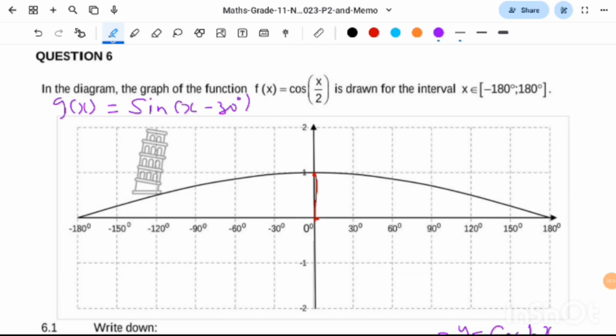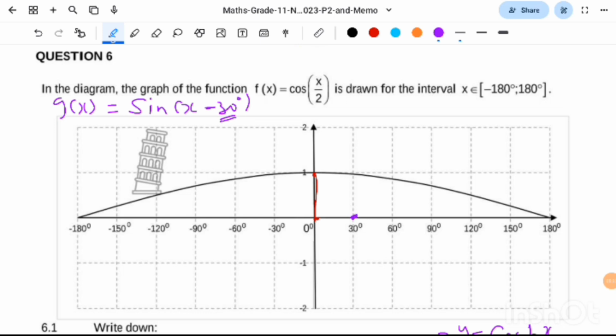On our previous lesson, I indicated that 30 degrees simply shifts the graph to the right. Because you have a minus, your graph has shifted 30 degrees to the right. Your graph is going to start somewhere here.